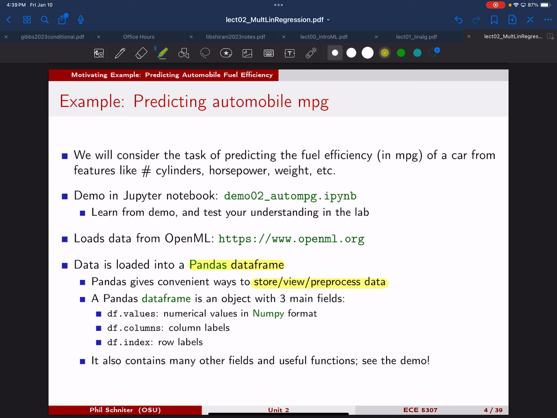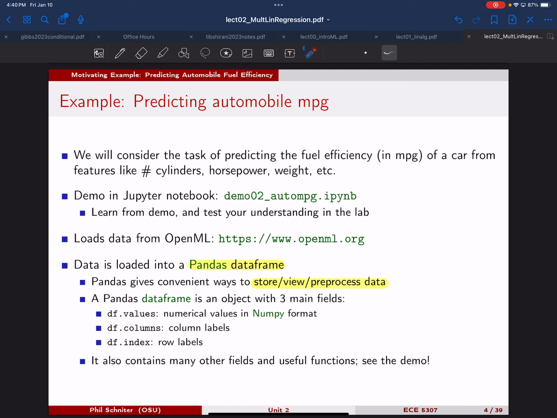So the main object in Pandas is called the data frame, and it basically has 3 main fields. It has the numerical values from the data set. It has some text labels that tell you the meaning of the different features. And then it has some other labels of the different examples in the data set, typically just numbers, let's say from 0 to however many examples you have.